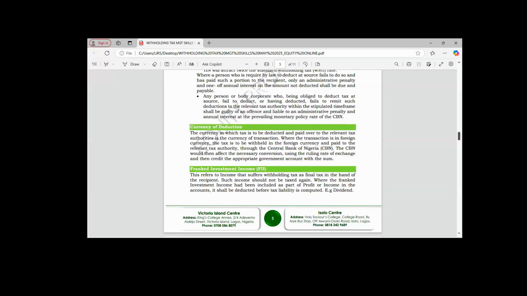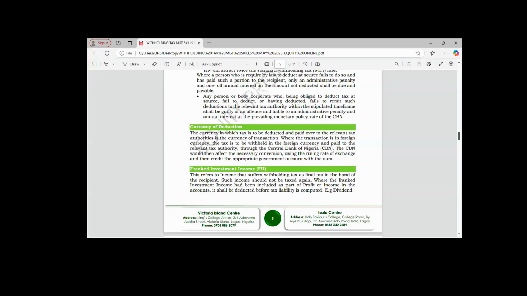Any tax suffered on them is final, because most of those incomes will not be disclosed by the taxpayer. So any withholding tax you suffered on them is final tax. The implication is that when you are computing your tax liability, you must eliminate them from your computation of tax liability.